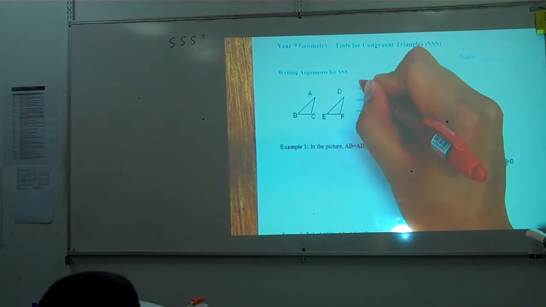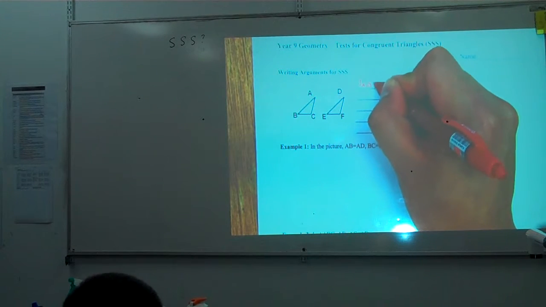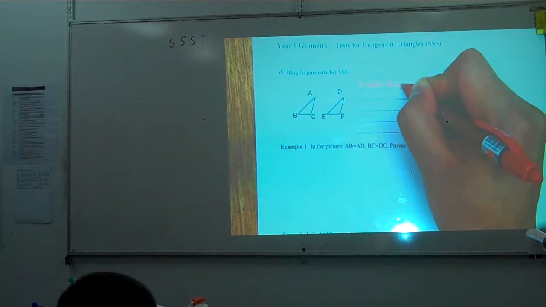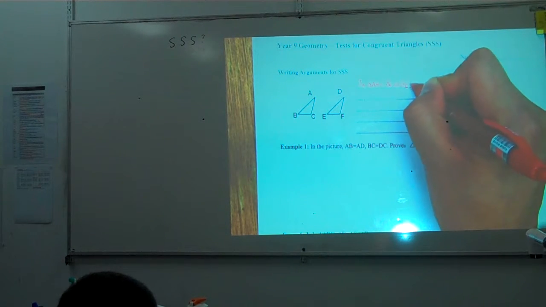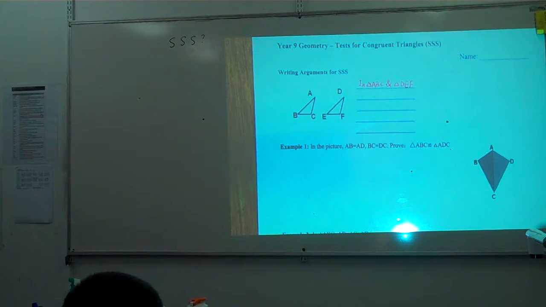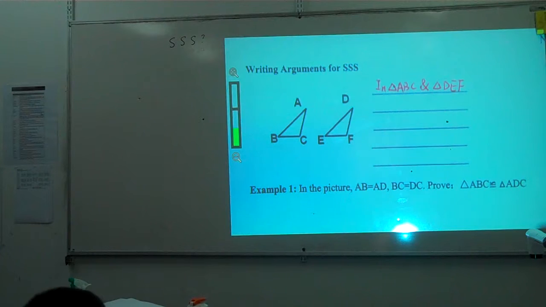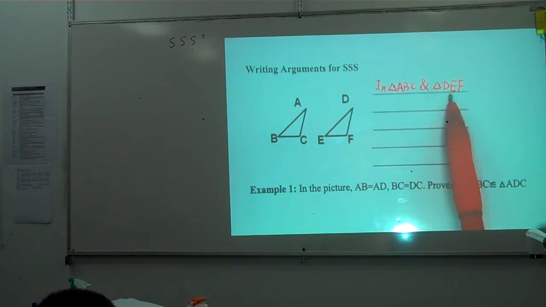So for these 2 triangles, like I said, we have to identify which 2 I want to use. So I write in triangle ABC and triangle DEF. Yeah, in these 2 triangles. And also I need to remind everyone, they have to be in order.